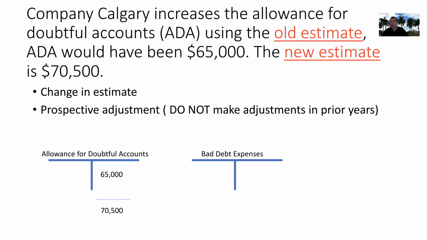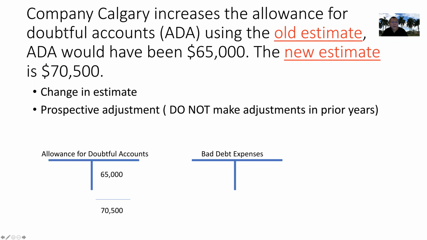We'll start from this example. Company Calgary increases the allowance for doubtful accounts, ADA, using the old estimates. ADA would have been 65,000. The new estimate is 7,500.